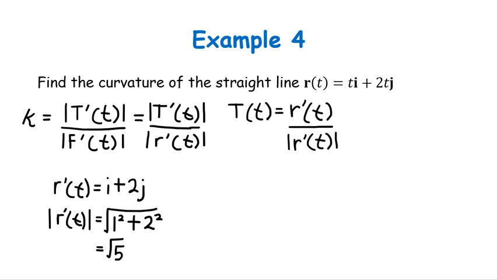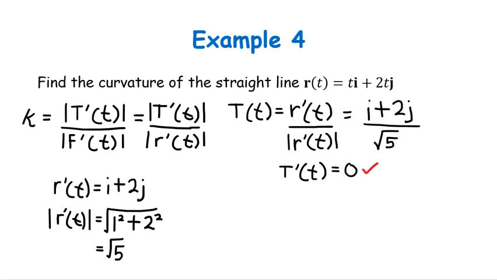The tangent vector is given as the derivative of r divided by the magnitude of the derivative of r. Plugging in the values that we obtained just now, we get i plus 2j divided by the square root of 5. If we differentiate the tangent vector, we will get 0, because all the components only involve constant values.